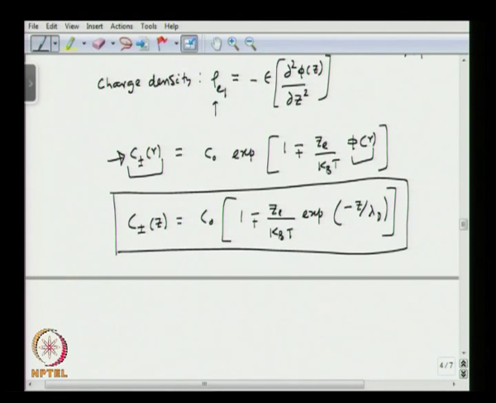So what we see here, if you look at the ionic density distribution, is that if the wall is negatively charged, the co-ions, the negative charges in the bulk of the liquid, are suppressed close to the wall and increase into the bulk, whereas the counter ions are more close to the wall and reduce into the bulk of the liquid.